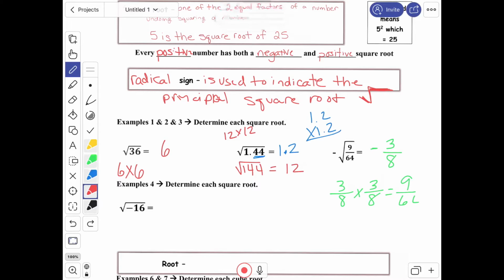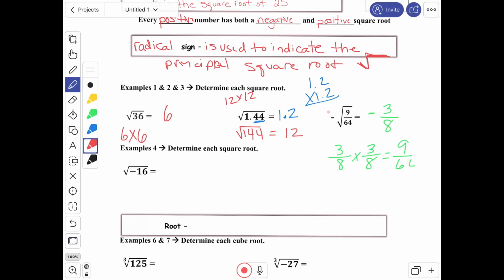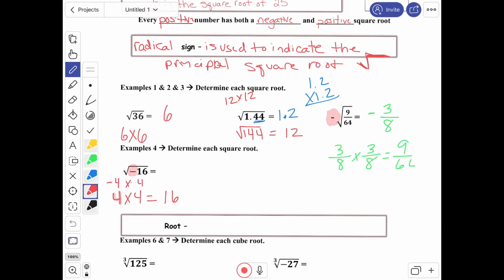And then we have this one, example 4, determine each square root. Okay, the last one had the negative sign on the outside of the radical. This one has the negative sign on the inside. Is there any number that we could multiply by itself, the same exact number, and get a negative? Well, we could multiply 4 times 4, and that would get me 16, but I need a negative. I could try negative 4 times negative 4. That would still get me a positive 16.